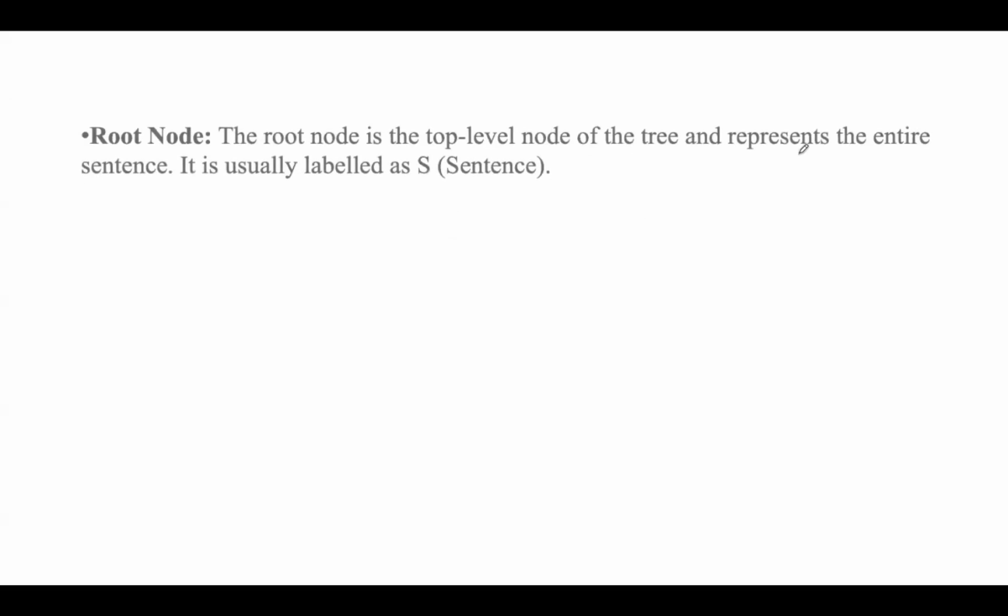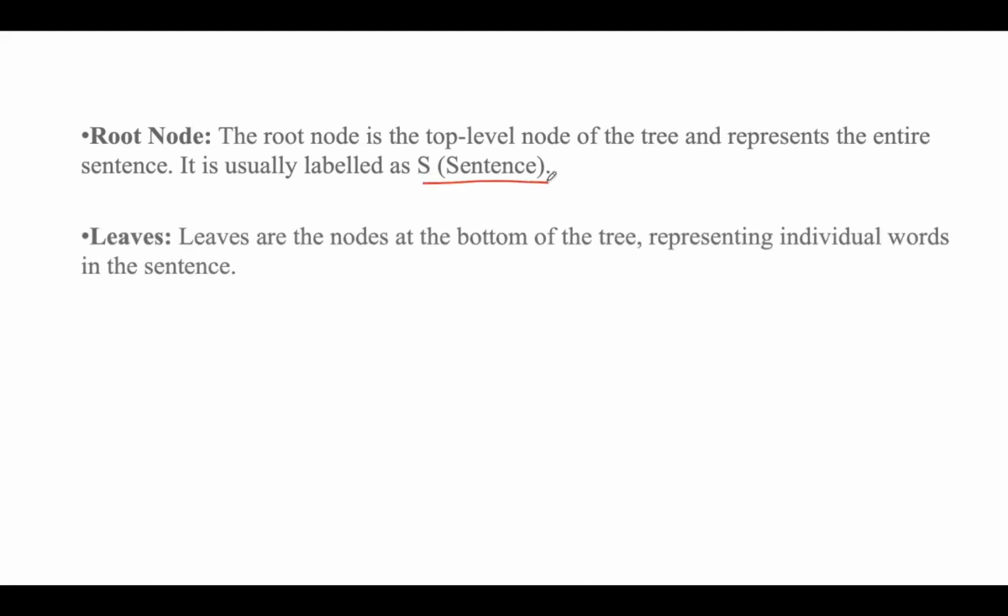And the third one is the root node. The root node is the top level node of the tree. We already know that. It mainly represents the entire sentence. It is usually labeled with the term S, which represents sentence. So the root node is represented with the label S. Next we have leaves.